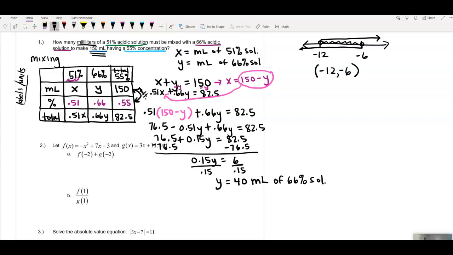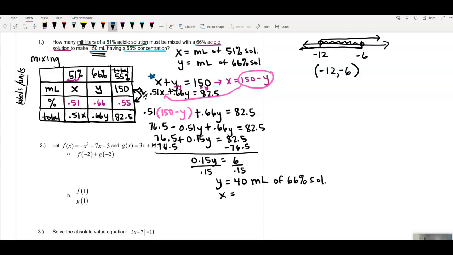All right? And then can somebody tell us how would you go about figuring out what x is? Subtract it from 150. Yeah, so go back to that top equation here, right? And we knew that together they had to add up to be 150.